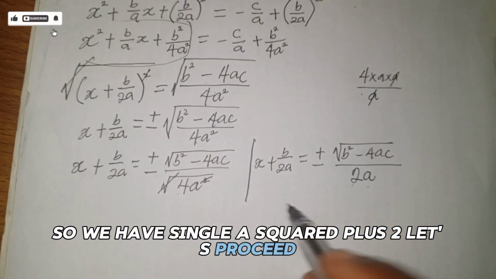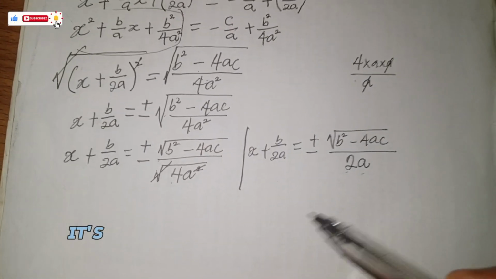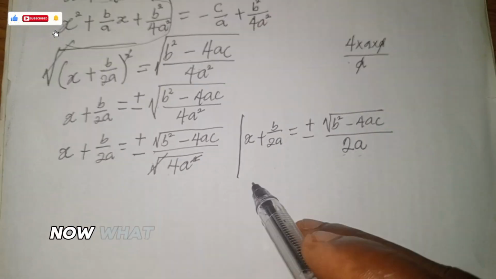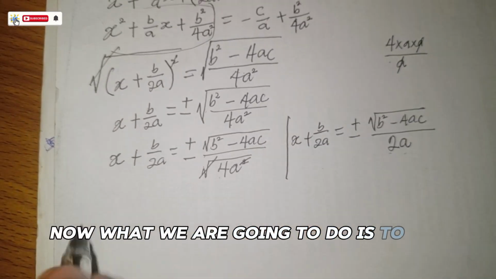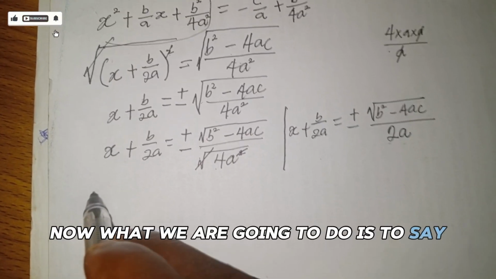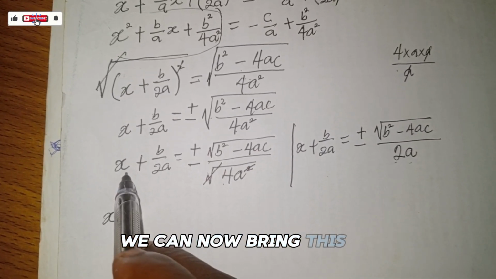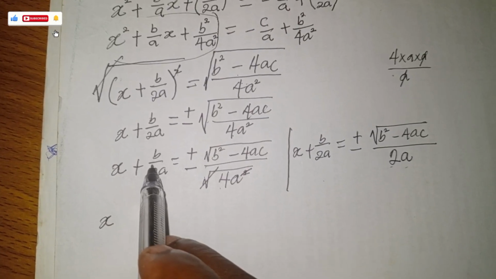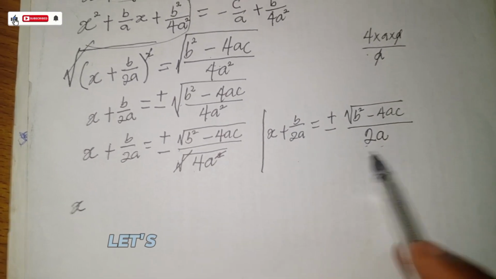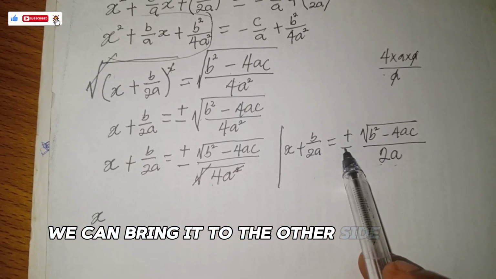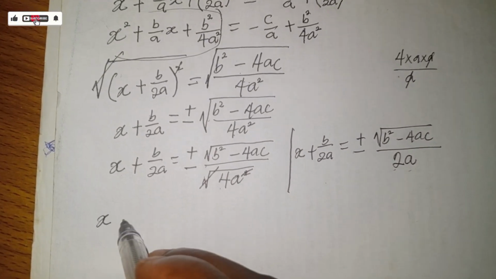Let's proceed. You can see it's getting closer to the almighty formula. Now we can bring b over 2a to the other side of the equality sign.